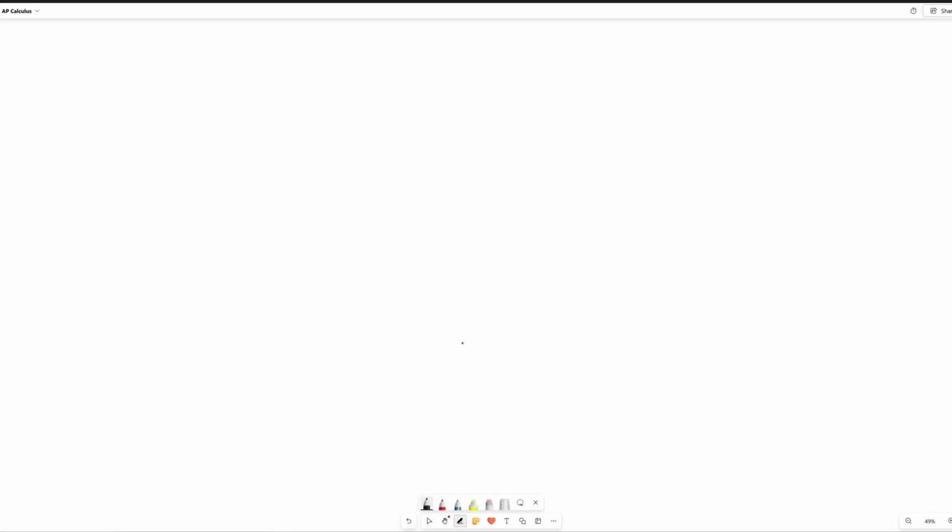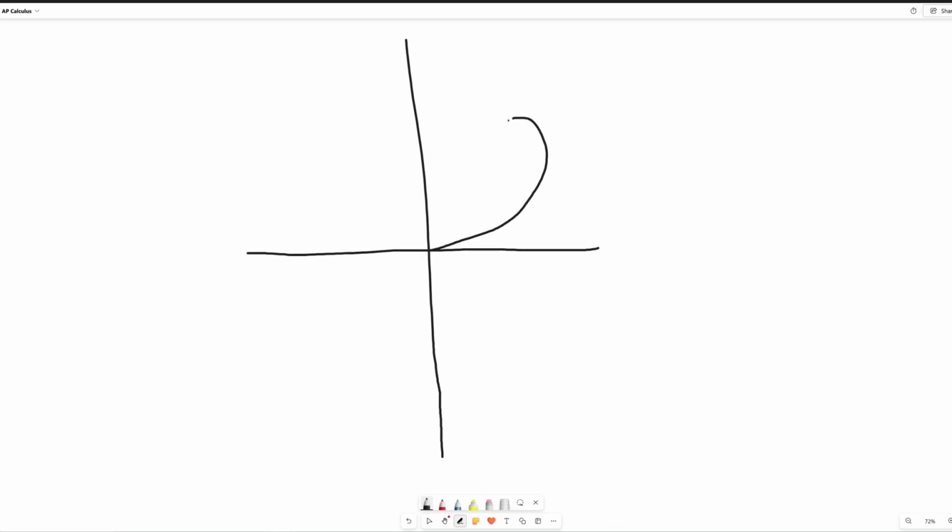Now we're going to talk about polar graphs. So, a polar graph is different from a normal, what we call Cartesian graph, not because its x and y depend on time, but because it doesn't think about x and y. It thinks about radius, which is just the distance from the center, from the origin.